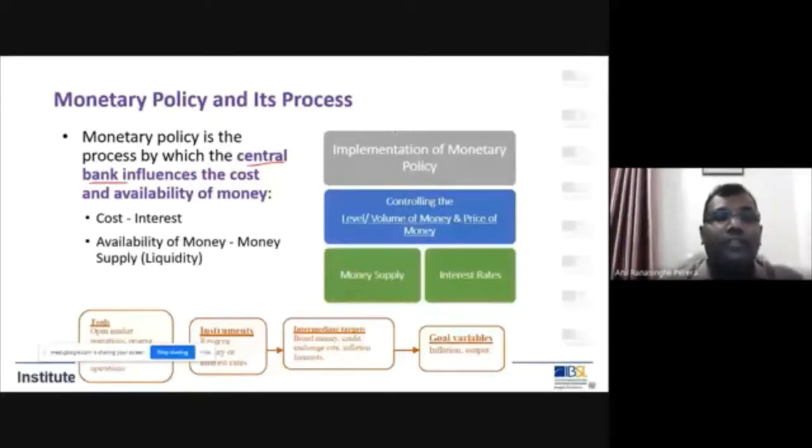How does it implement it? Basically through influencing the cost and availability of money. What do you mean by cost of money? That is actually the interest rate.